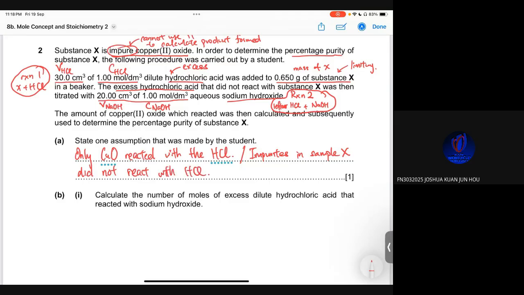Because if they react, the amount of HCl left over will be lesser, the amount of sodium hydroxide used will be lesser, then when I do my calculation in terms of the copper(II) oxide, actually it will be a different value. Okay?